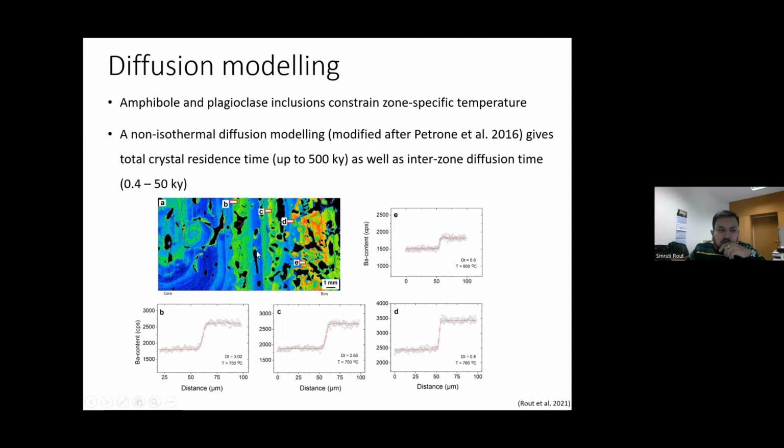And those interzone diffusion times range from 0.4 to 50 kiloyears.